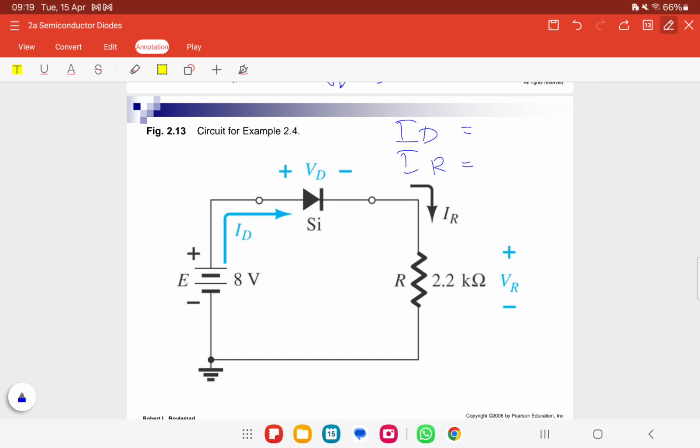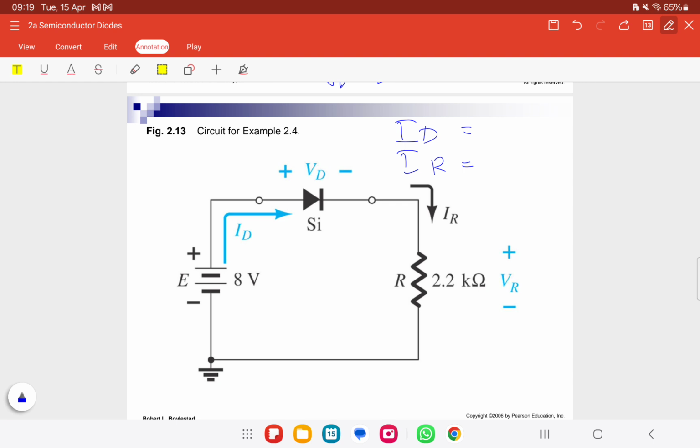So diode off meaning that diode is not function.